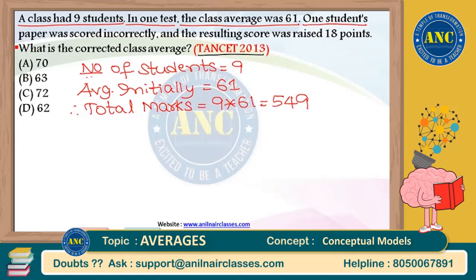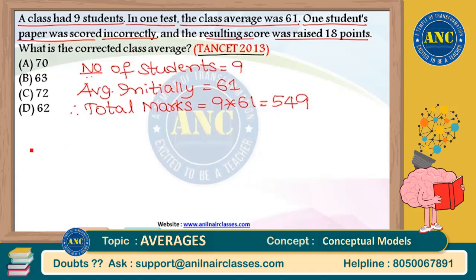Read the next statement. One student's paper was scored incorrectly and the resulting score was raised 18 points. That means one of the students' paper was corrected incorrectly, right? It was not a correct correction, it was an incorrect correction. And the resulting score was raised by 18 points.